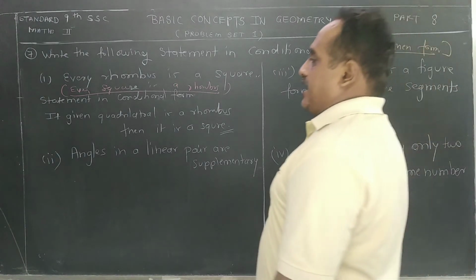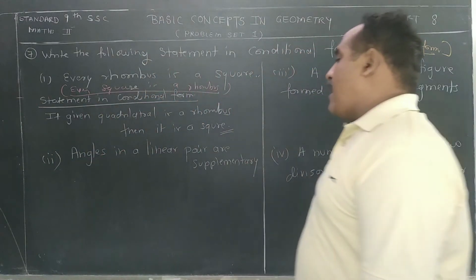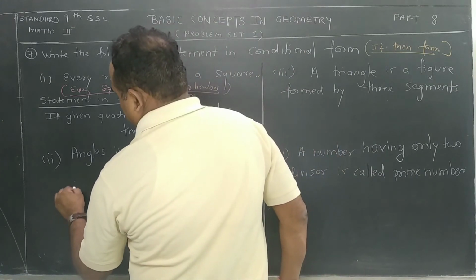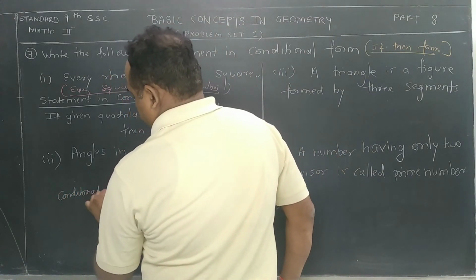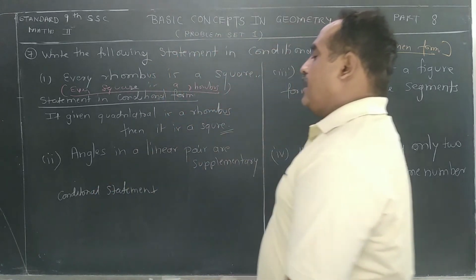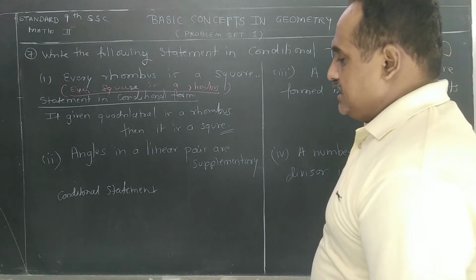We'll go for the second. What is that? Angles in a linear pair are supplementary. So what is the statement in conditional form? What will the conditional statement be? Angles in a linear pair, correct?